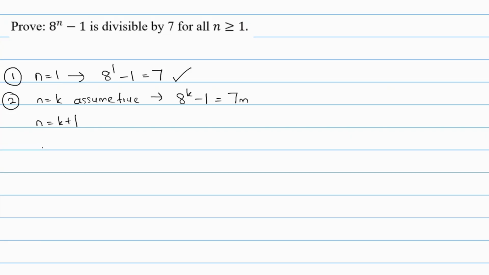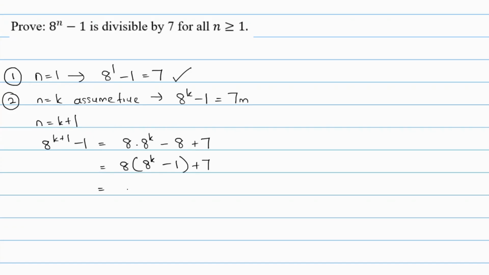For n equals k plus 1, we can write 8 to the power k plus 1 minus 1 equals 8 into 8 to the power k minus 8 plus 7. So this can be written as, factoring 8 out, 8 into 8 to the power k minus 1, plus 7.